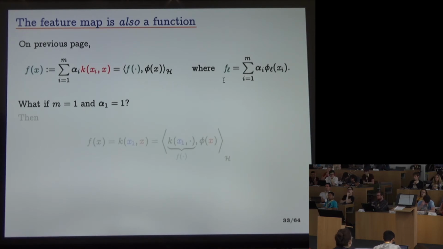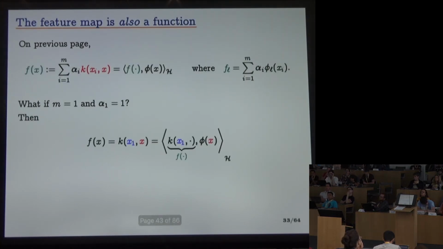That's happening if I've chosen my coefficients to be the sum of the coefficients alpha i times features of xi. Now, this function is a sum of m alphas and m xi's. What if I choose m equals 1 and alpha equals 1? It's valid, it's a function. This is what my function looks like. It's just literally the kernel between x1 and x. That is a valid function.